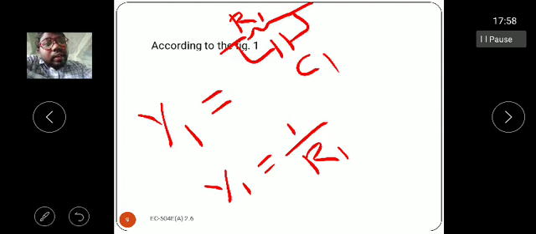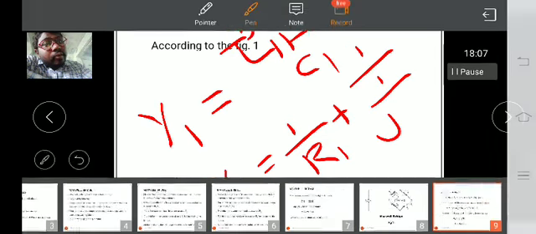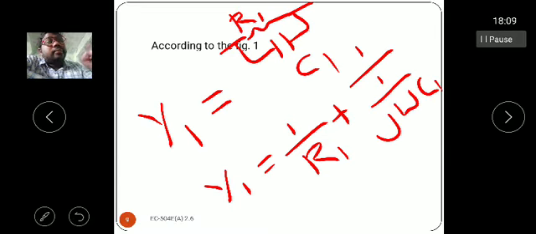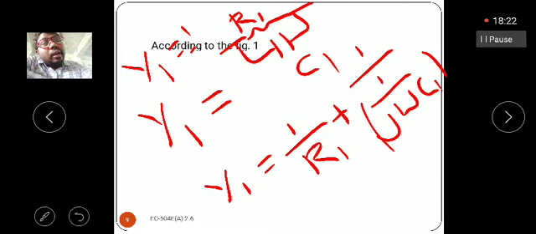Then Y1 is equal to 1 by R1 plus 1 by j omega C1. Finally Y1 is equal to 1 by R1 plus j omega C1, with j omega C1 going to the numerator.